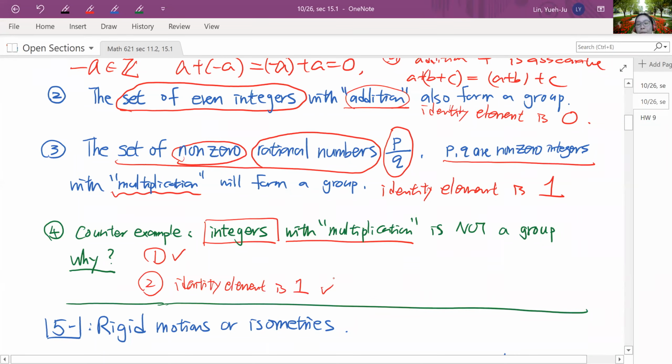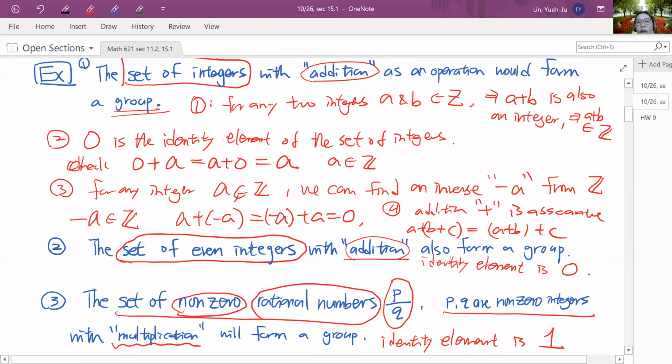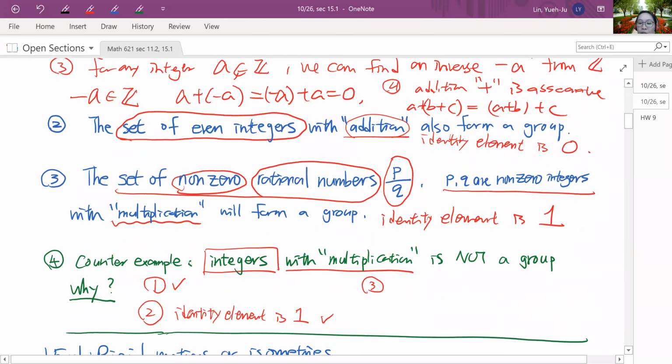But now number 3, you want to find an inverse corresponding to multiplication, right? You want something multiplied by an integer to give the identity. Now you realize that something should be 1 over a, which is not an integer anymore.